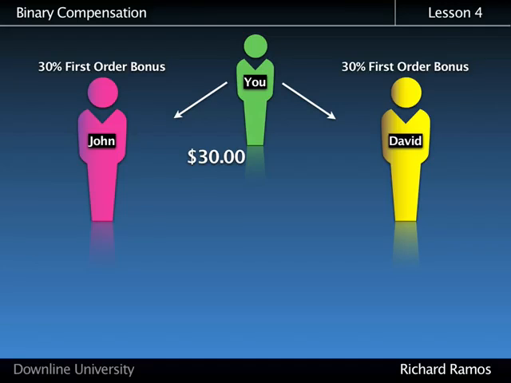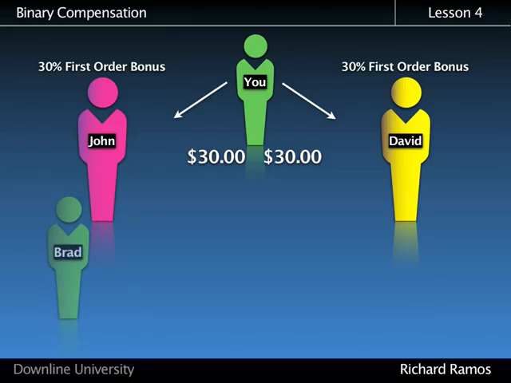If John decides he wants to go back later in the month and order more product, as long as it's within those first 30 days, the company is going to give us another 30% first order bonus, which is very unique to this business or to this particular company. The other thing is, let's say we go on the right side and David places his first order. We're going to get $30 there. So now we made $60 by just enrolling 2 people. So right there, almost half of your initial order or your auto ship is already paid for.